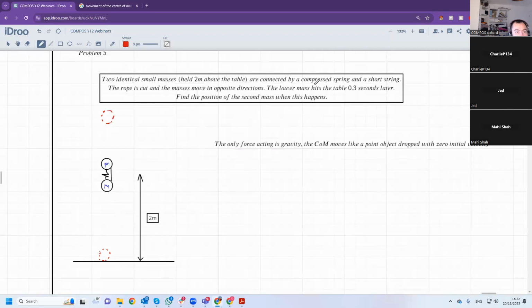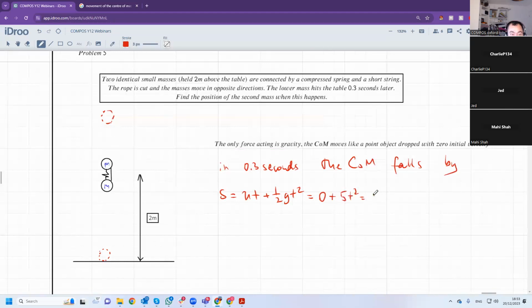So in 0.3 seconds, the center of mass falls by, so s is equal to ut plus 1/2 gt squared, which is 0 plus 5t squared, which is 5 multiplied by 0.3 squared, which is 5 times 0.09, which is 0.45 meters.